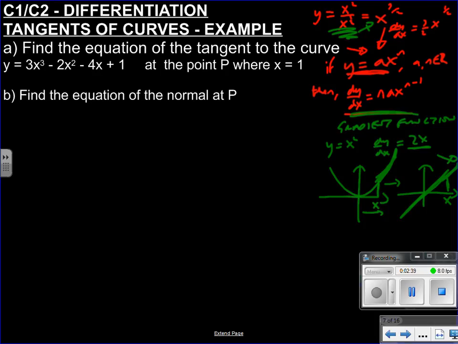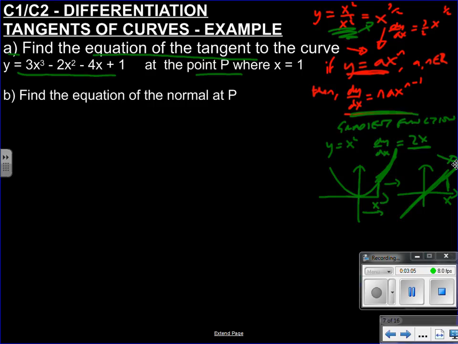Okay, let's go over this question here then. I've got this cubic here, and it's asking me to find the equation of the tangent to the curve at the point P. Well, that's exactly what differentiation does, isn't it? It finds you the gradient function. You put in a specific value of x or y, so you put in a point, and it gives you the gradient of that tangent at that point.